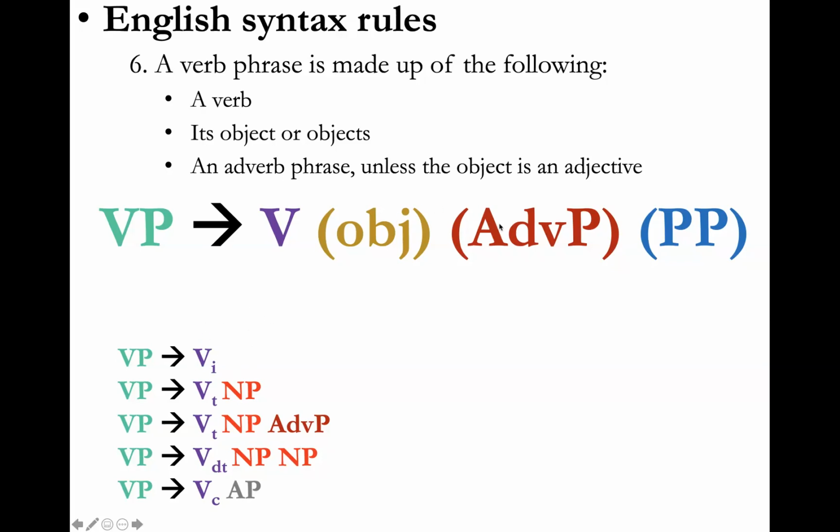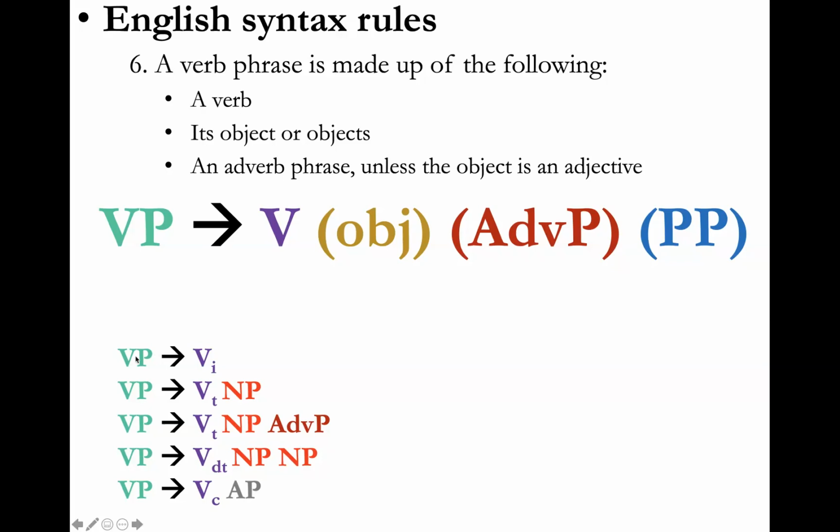Then you have an optional adverb phrase. Adverbs, of course, the point of them is to modify verbs, and so it would make sense that adverb phrases are optional. They can be sort of in any verb phrase. And then prepositional phrases at the end often help to give more information about exactly how the verb was done or where the verb was done. And so you can have those at the end, but optional.